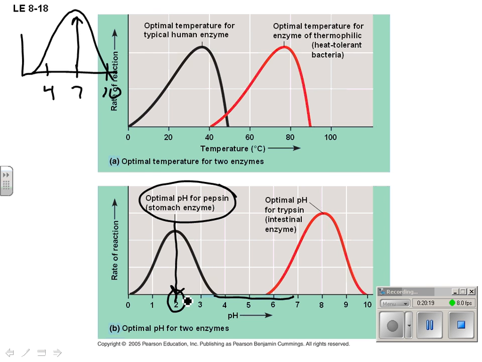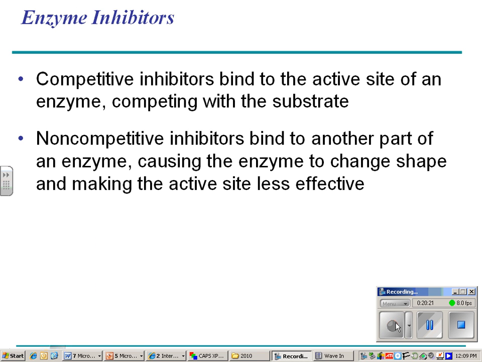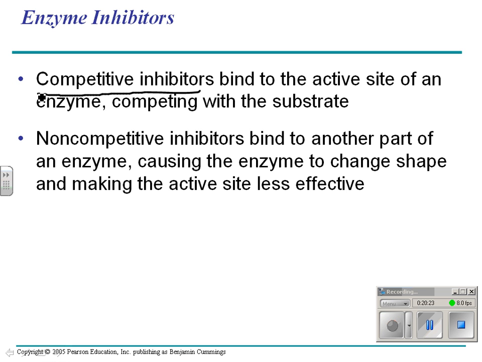A competitive inhibitor binds to the active site of an enzyme. The reason I'm having you just write these down now is I am not going to ask you to regurgitate these now, but we will use them later. I'm dying to give you a quick example because this is pretty cool.